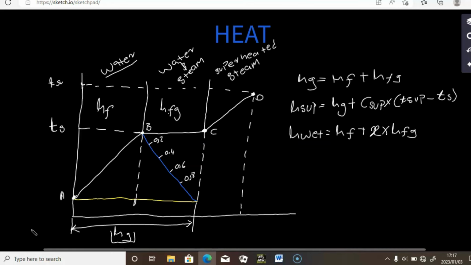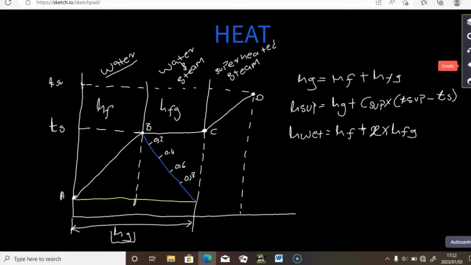Now this is HFG. If we were to say HF plus HFG, that will give us dry steam. But we include the dryness fraction because we want to know how much of the HFG we are having, depending on how much of it is now dry steam. Therefore, the equation will be H wet is equal to HF plus X times HFG.